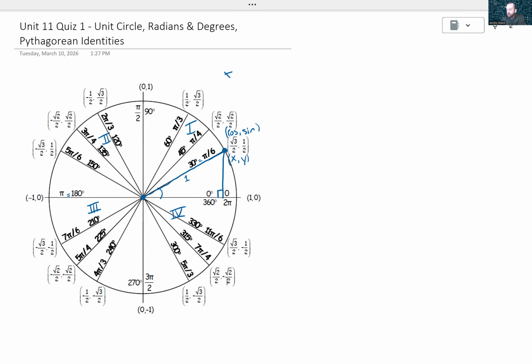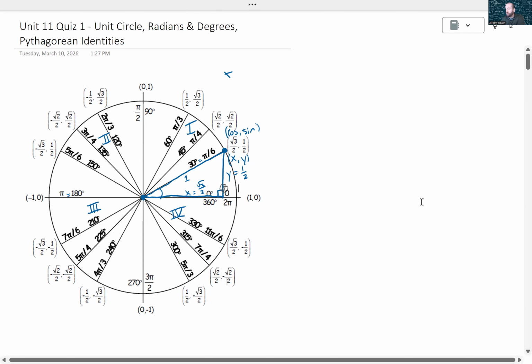Now the base of that triangle is the x coordinate, or root 3 over 2. I'm just going to write that as x equals root 3 over 2. And the y coordinate is 1/2, or our triangle is 1/2 of a unit tall. And the radius is 1. The radius is always going to be 1.